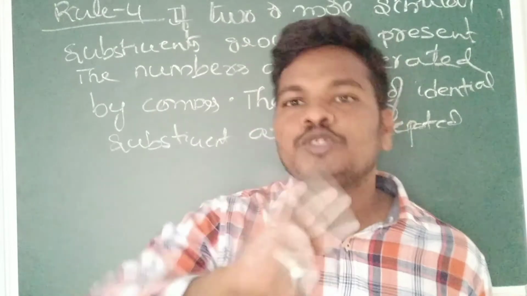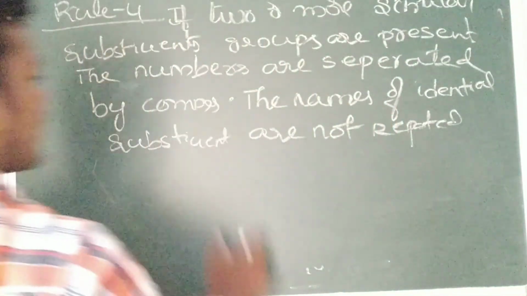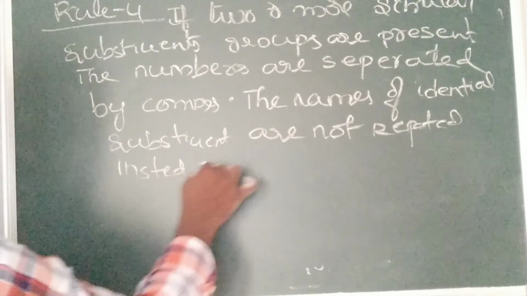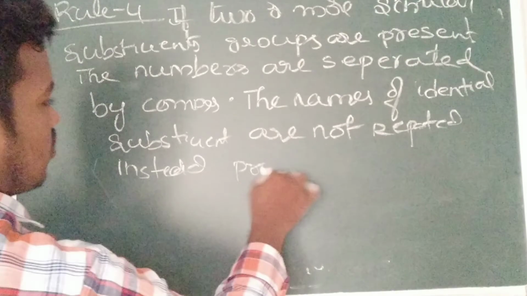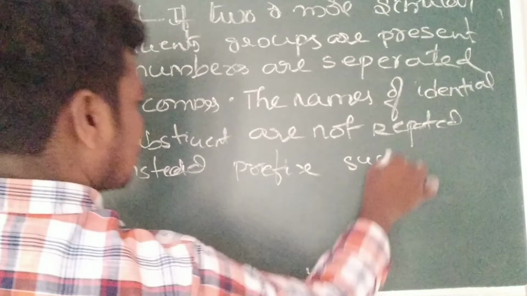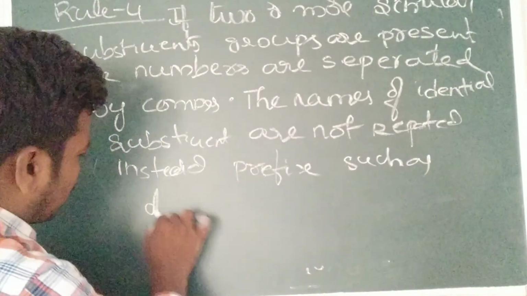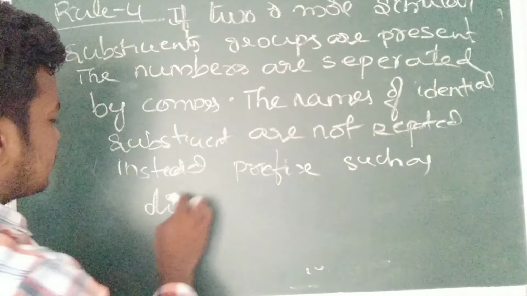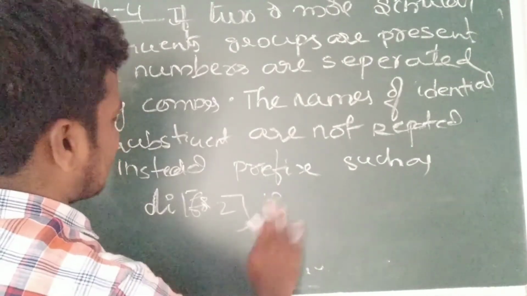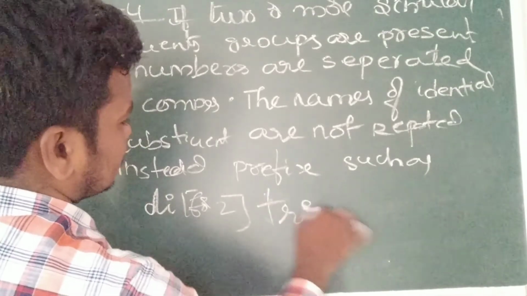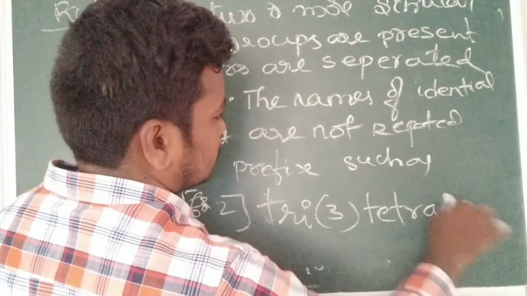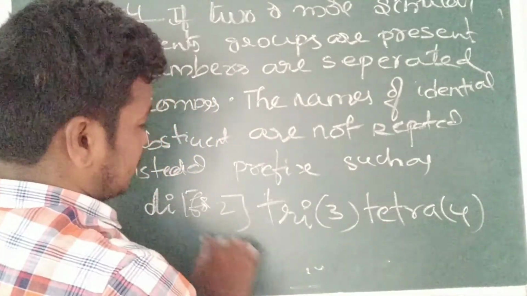That means you should not write them individually, and the name should not be repeated. Instead, you have to write a prefix. If the group is present 2 times, that is called di. If it is present 3 times, tri. 4 times, tetra.